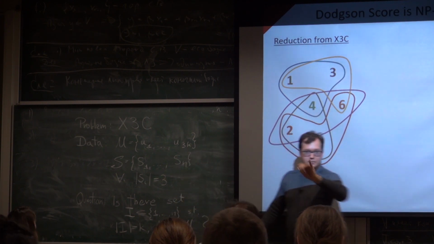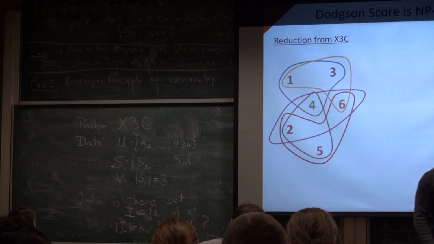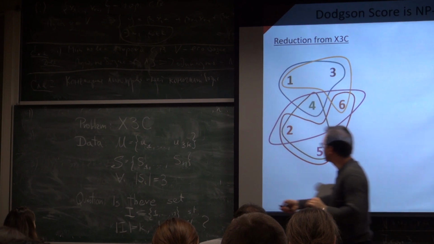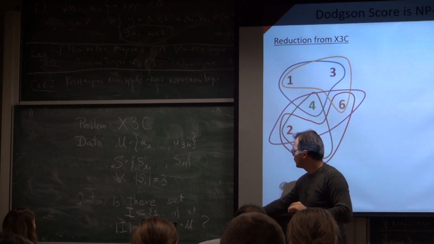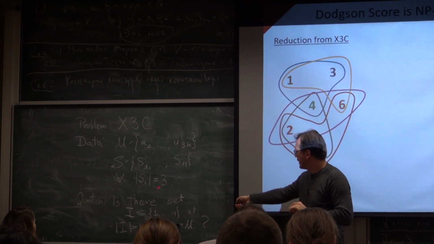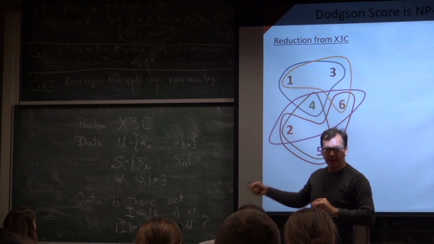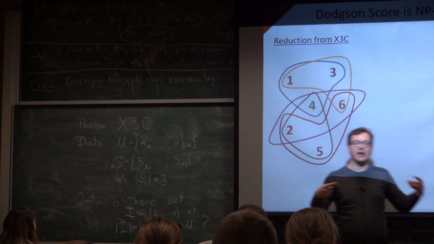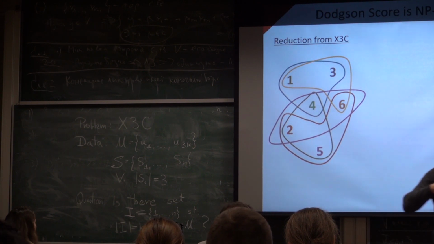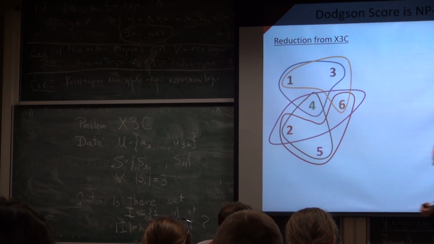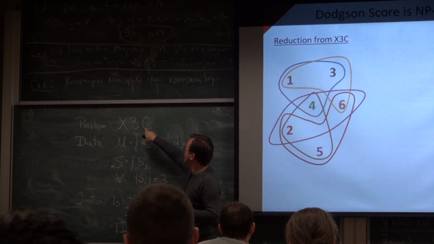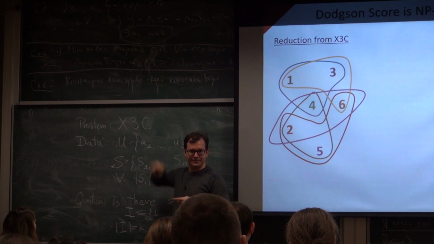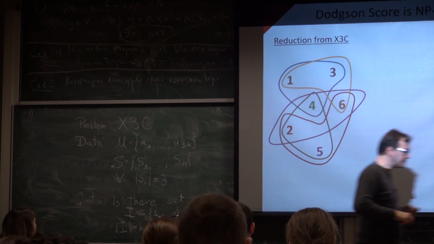Is the definition clear? There's one important thing here. Since we have 3k elements, and we can use only k sets, each of size 3, it means that each element belongs to exactly one set that we use. So the name X3C means exact cover by sets of 3 elements.